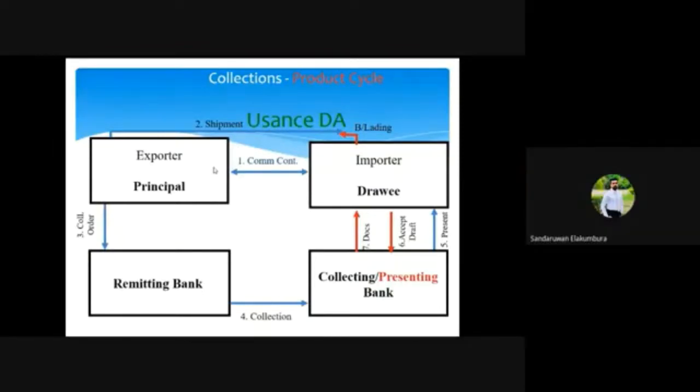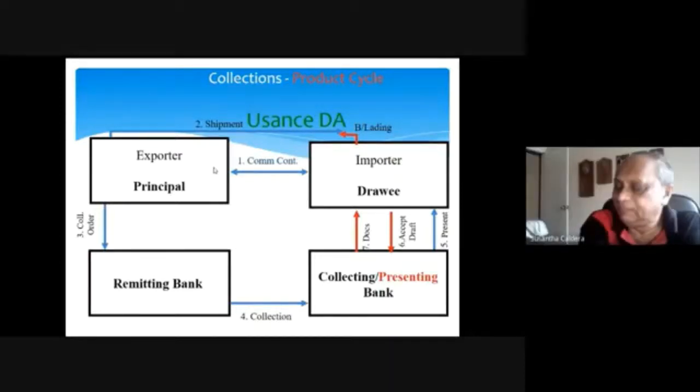Thank you, Amila. Our only obligation is to inform the remitting bank. If we did not tell them, that is negligence on our part. We must inform them, that's all.